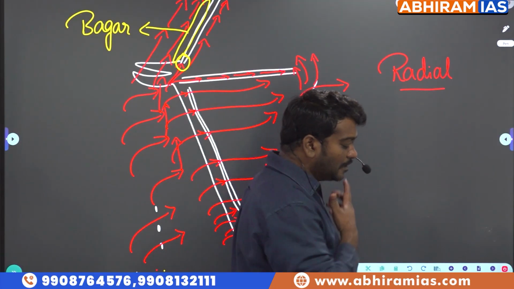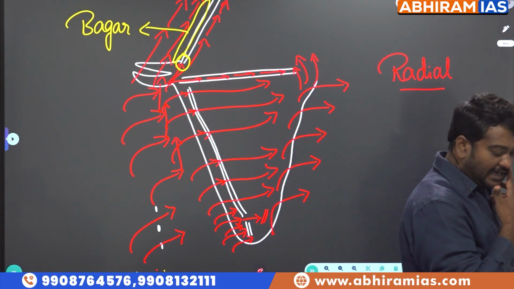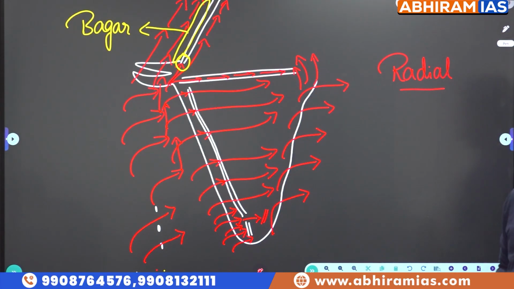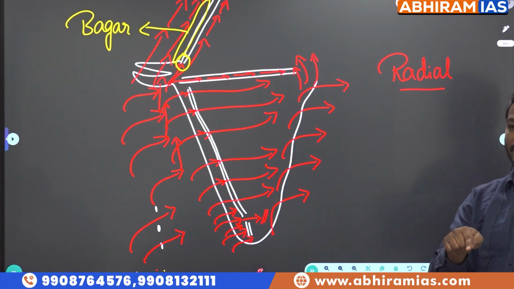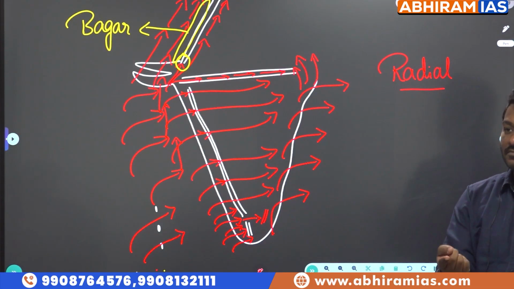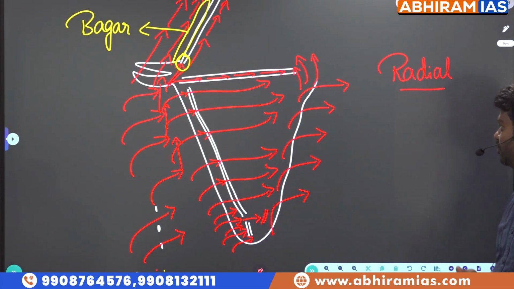So it has radial pattern. Very important. They may give you Chota Nagpur has radial pattern, statement 1. Statement 2, it receives water from both Arabian Sea branch and Bay of Bengal branch. Statement 1 and 2. Next case.